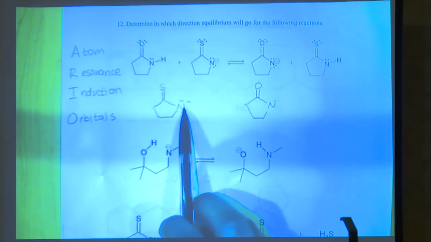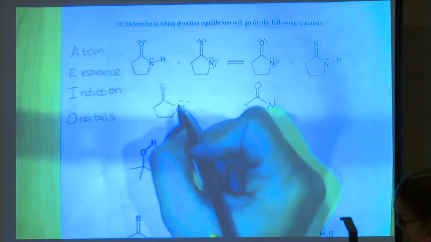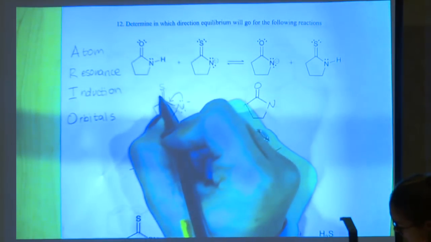And then nitrogen will now have 2 negative, because remember, it already has a negative, right? So where does the resonance go? Good. So it'll look like this.